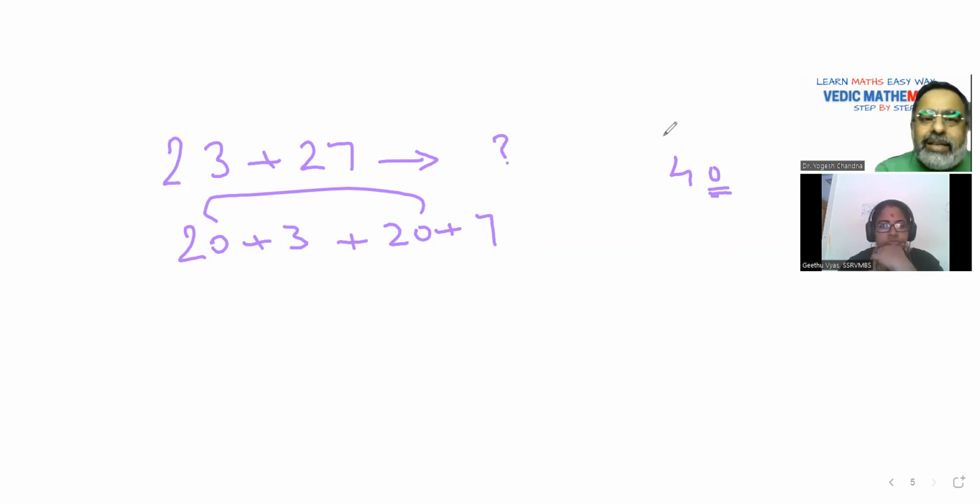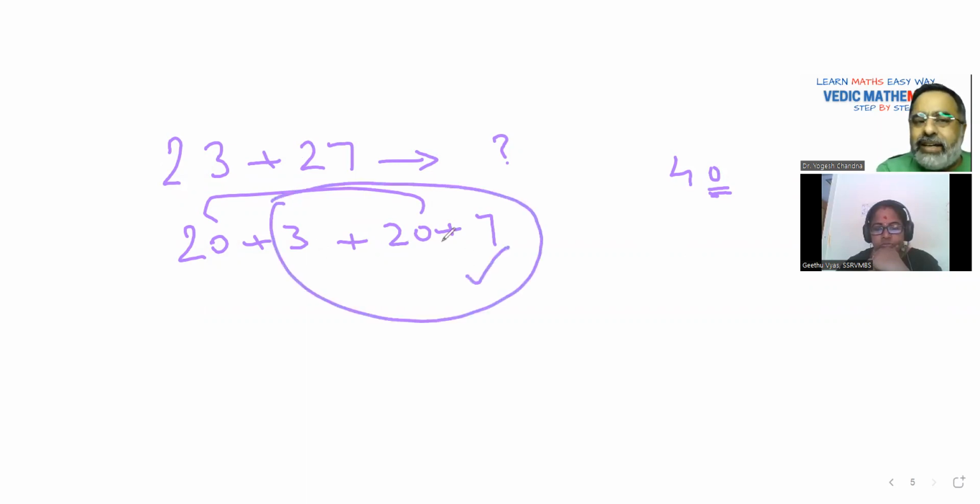So this is your completion, and when you are removing 3, it means non-completion. So now the calculation becomes mental. If you just think now, 20 plus 10, because 7 and 3, single digits, anybody can add very easily mentally.